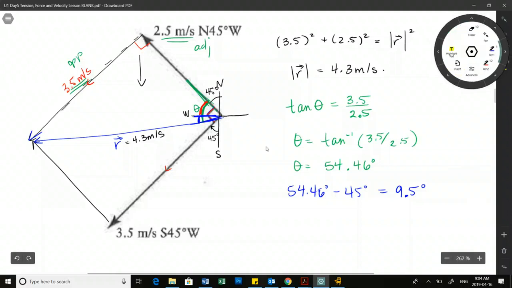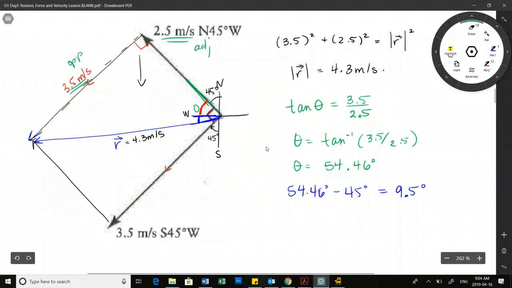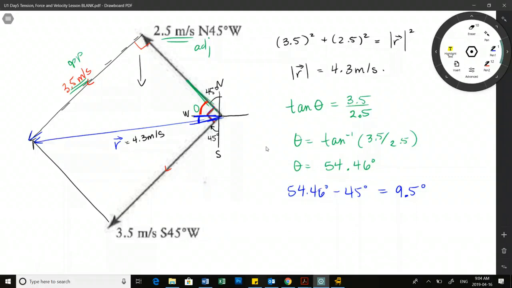So let me just erase here so you can see as I'm drawing. Oh, I can't erase anymore except for random things that I don't want to erase. All right. Guys, everybody look while I'm explaining this. If this right here is 45, I went north 45 degrees west. This red slice going from that line of my 2.5 meters north 45 degrees west vector to west is how much?